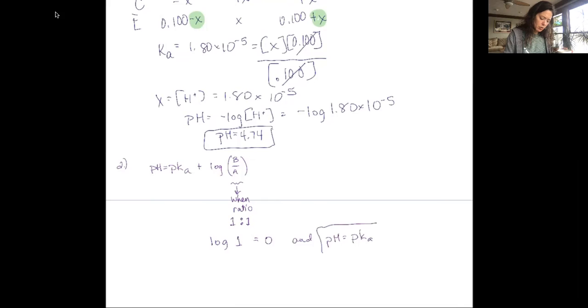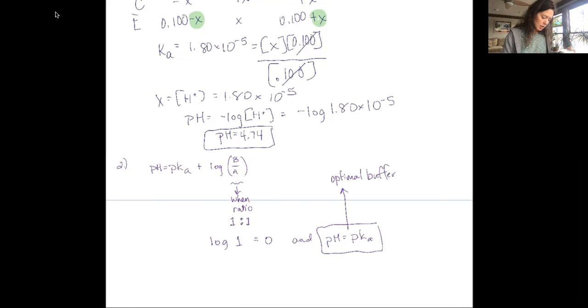This is an optimal buffer. It allows for both acids and bases to be added with a very slight change in pH, and it buffers for the longest time in both ways.